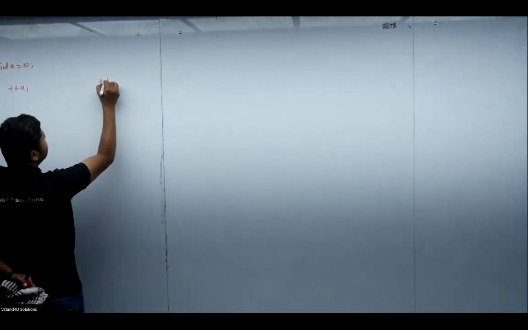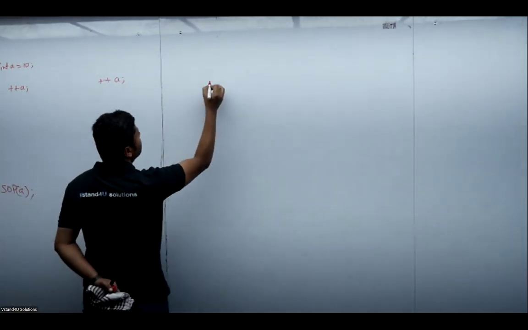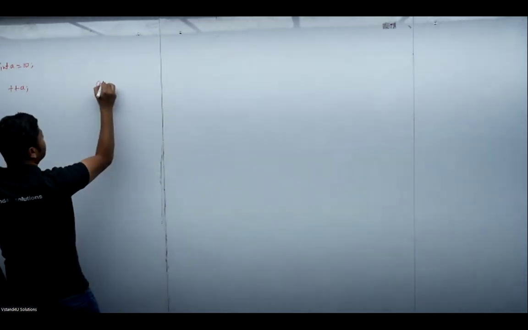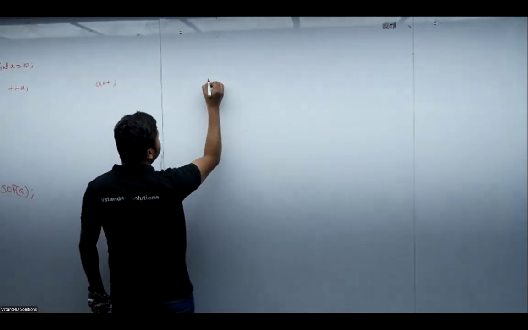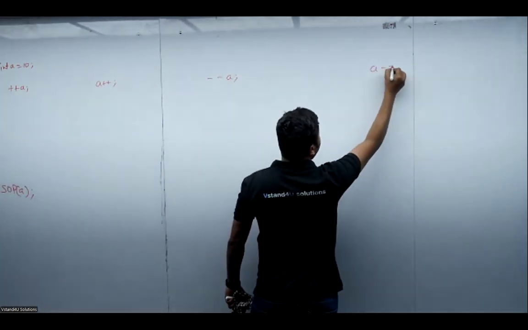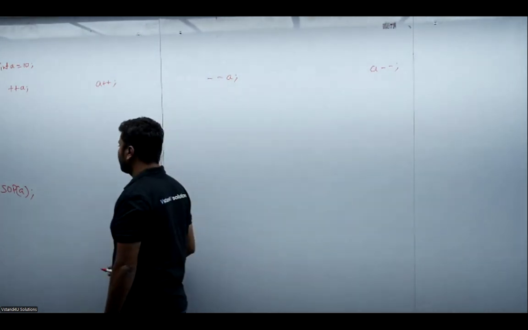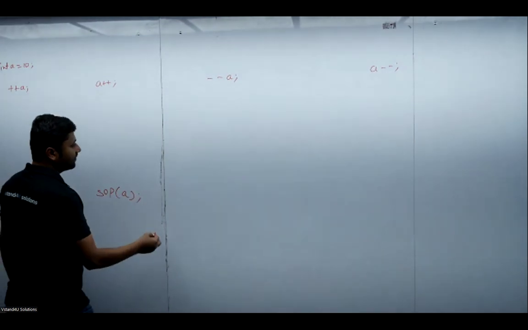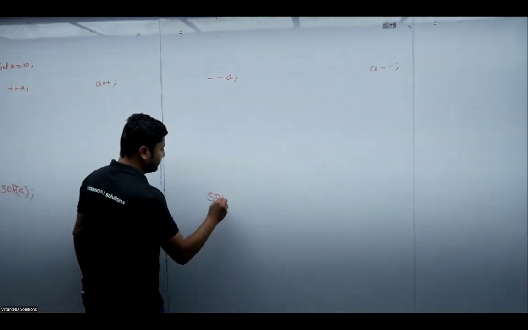Here, I'm simply saying plus plus A. What's wrong with me? If I'm trying to put SOP everywhere, what is the value of A? That is what we need to identify.